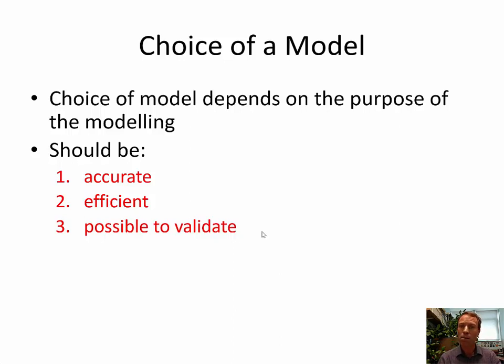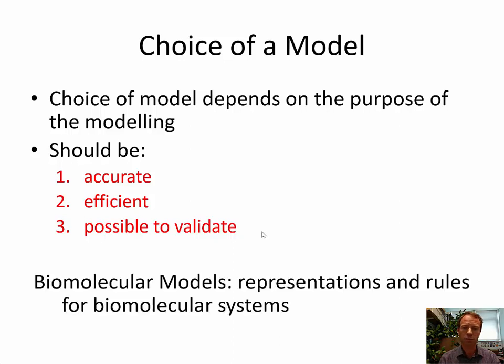So we need to be able to predict something in a model which we can then observe experimentally, or often you've observed something experimentally and you need to check that the model reproduces this. So as I mentioned already, biomolecular modelling is all about choosing representations and rules for biomolecular systems.